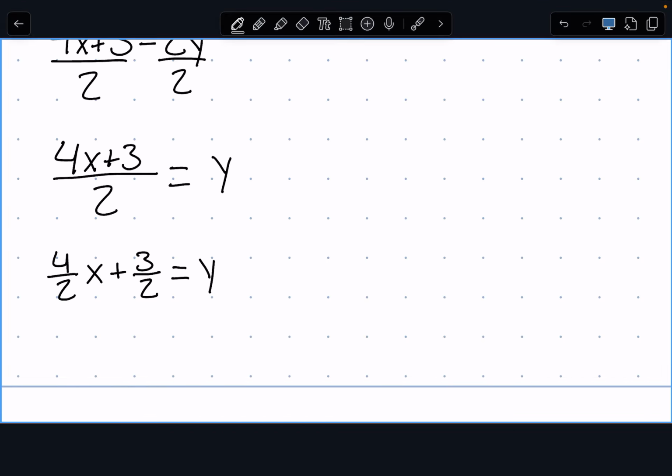Which fraction can I simplify? Oh wait, 4 and 2. What is 4 divided by 2 simplify to? 2. So I'm going to rewrite this with y on the left because that makes the most sense for most of our brains. So I have y equals 2x plus 3 over 2.